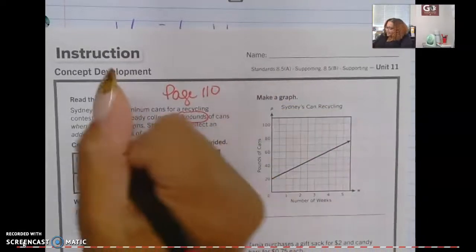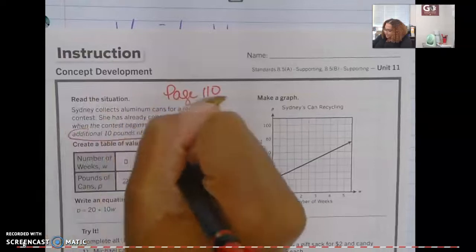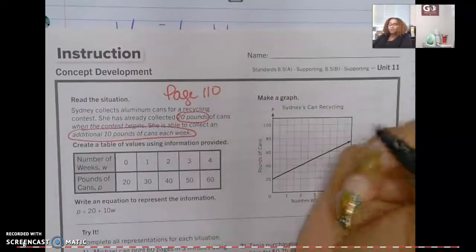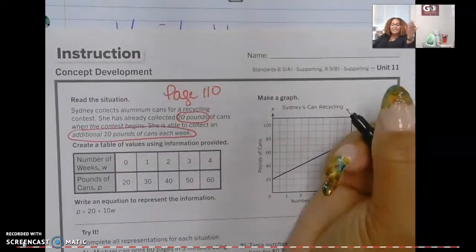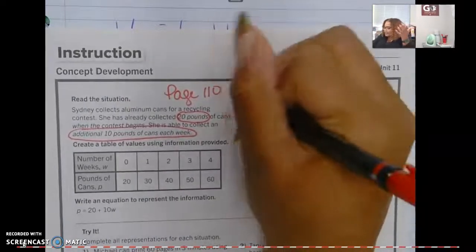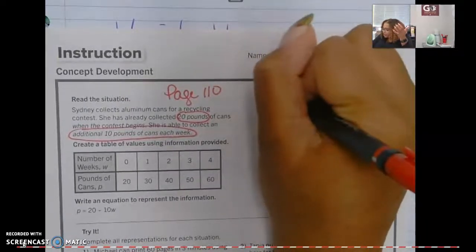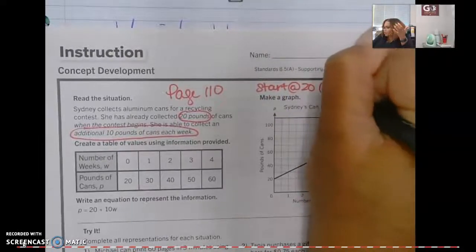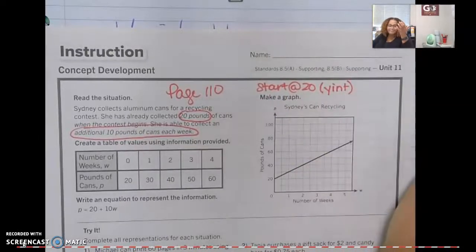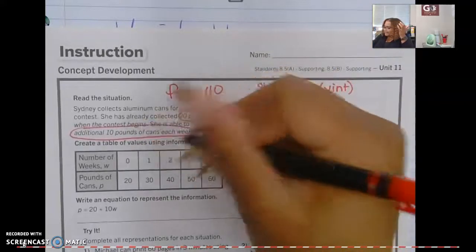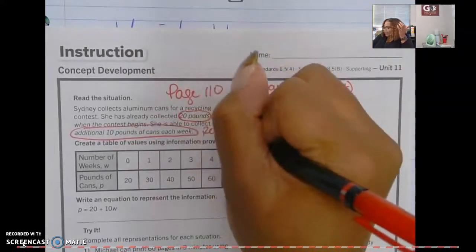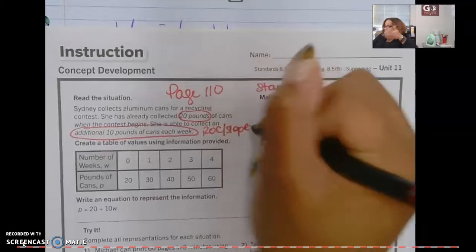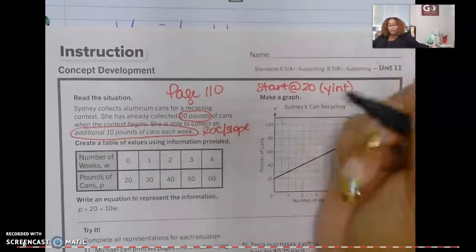She is able to collect an additional 10 pounds of cans each week. So we know this from writing equations that since we already have 20, that's my starting point. Start at 20. This is also called the y-intercept, the y-int. And then this is my rate of change or my slope because I'm adding 10 more each week.